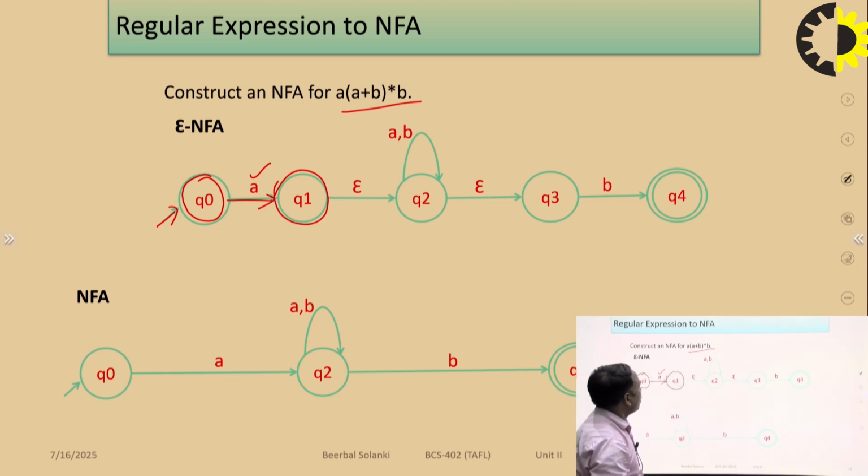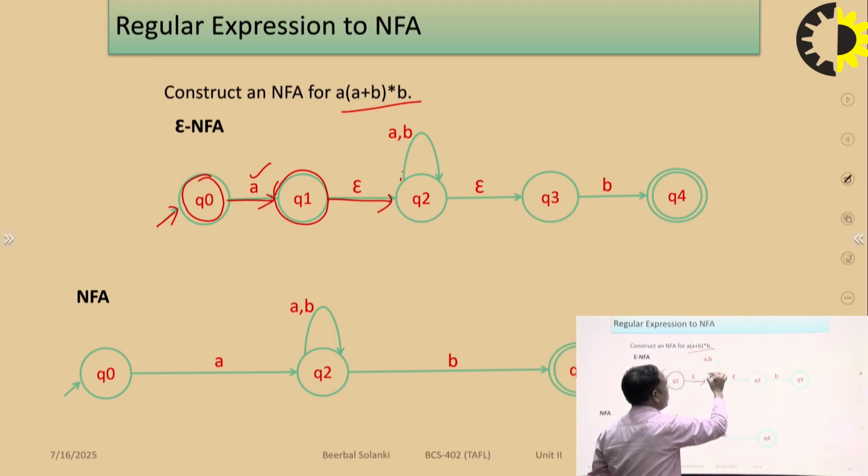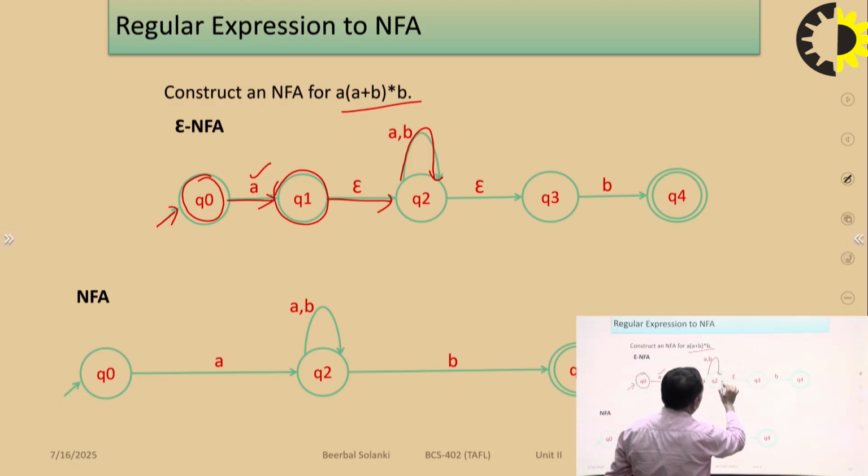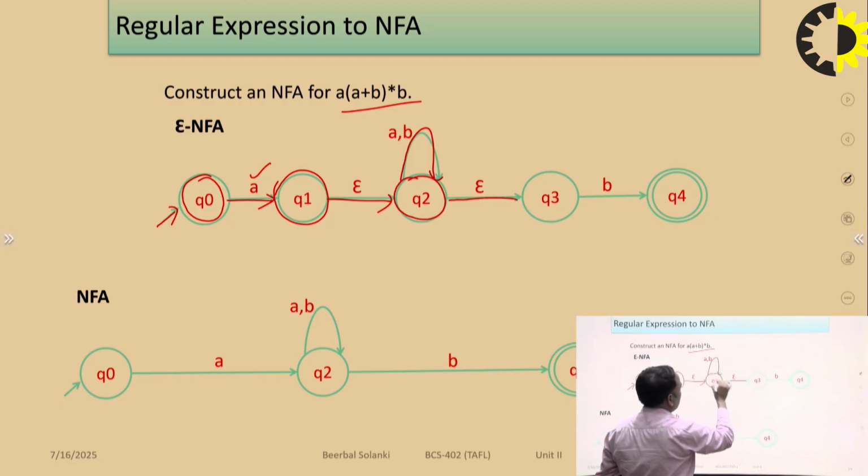Now a plus b is the closure, so we write the epsilon, and input can be a or b. So it can be written a comma b. This is a self loop because a plus b is in closure form. Here this is the rule for closure: epsilon and self loop for the closure.